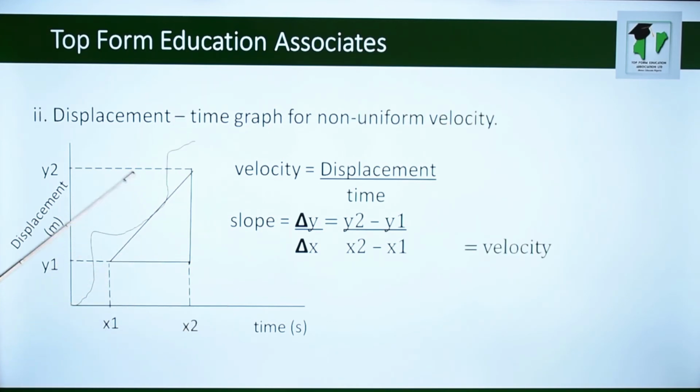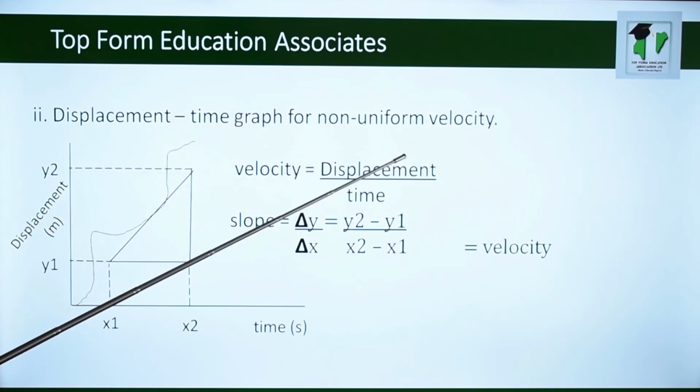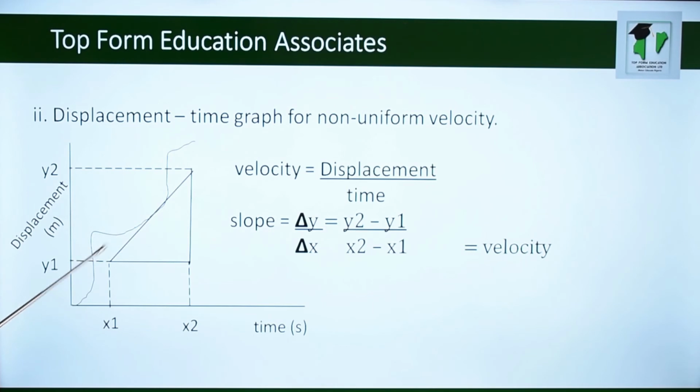Now the next is the displacement-time graph for non-uniform speed. The first one was for uniform speed. Then we'll have on the y-axis displacement in meters, and on the x-axis time in seconds. I've told you for non-uniform, either speed or velocity, the graph is not a straight line graph. So we'll still have velocity, which is equal to displacement over time.